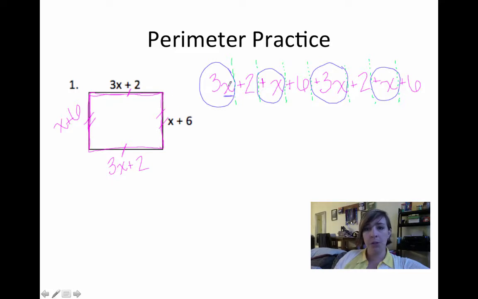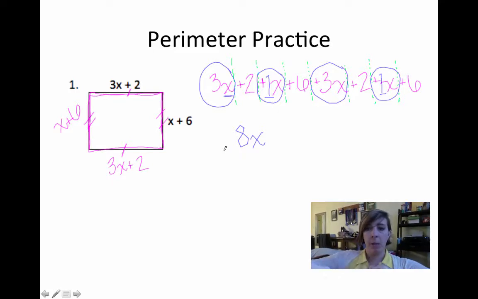Now I believe Mr. Cook told you that if a variable is standing by itself, you can imagine a 1 in front of it. So we're going to imagine a 1 right here. So I have 3 plus 1 plus 3 plus 1. That would be 8. 3 plus 1 is 4, plus 3 is 7, plus 1 is 8. So the first part of my answer is going to be 8x.